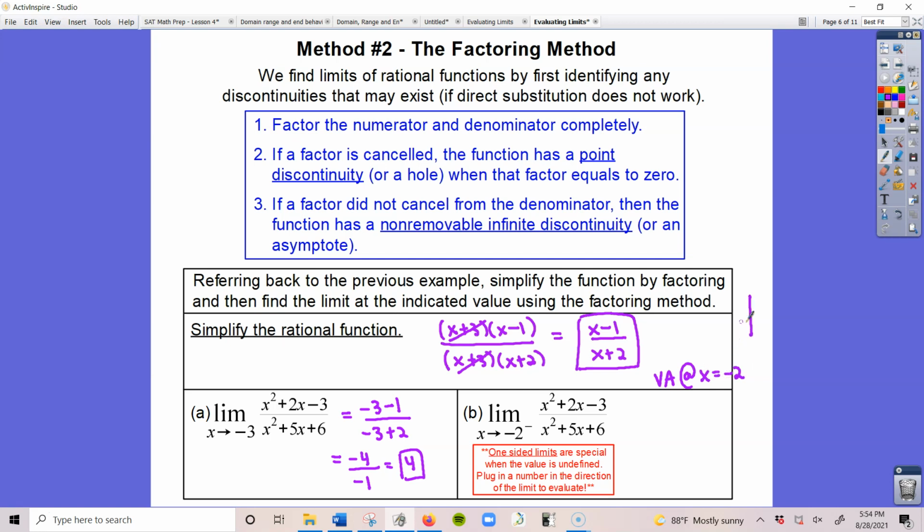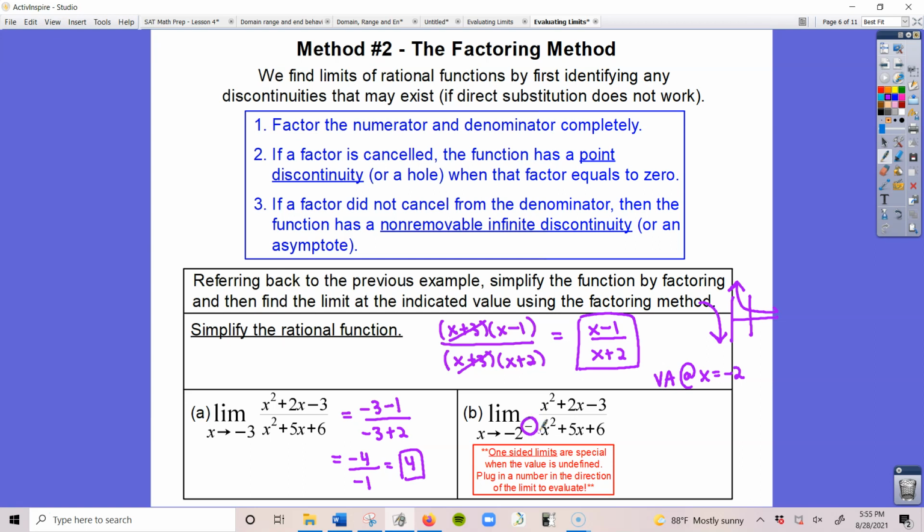So what that means is, we saw the graph, right? Here's the negative 2. One side could be doing this, and the other side could be doing that. So we know that the answer to this one-sided limit is either negative infinity or positive infinity. We saw the graph, we know what it's going to do, but if you didn't see the graph, you can figure this out by plugging in a number that is slightly left of negative 2.